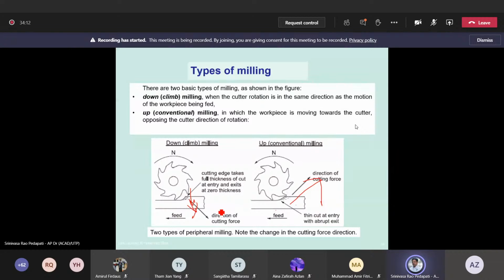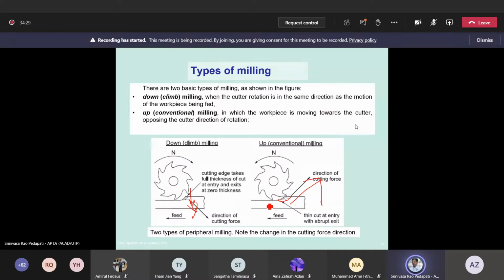Another difference is, as you are asking, which is better? When you take zero cut here and slowly increase your cut, that means a thin cut at entry.